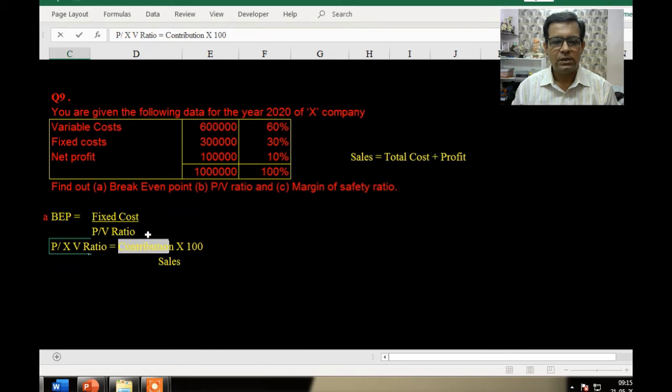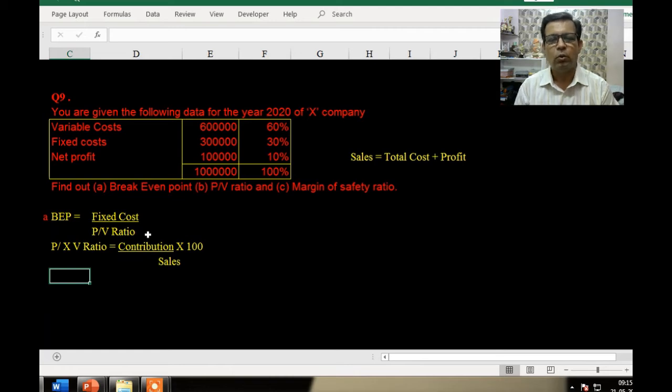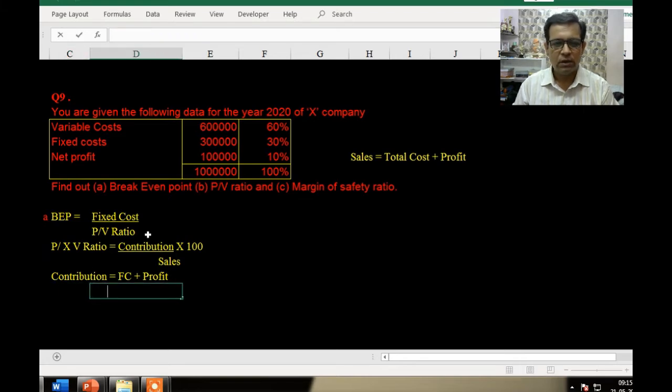All right, so it's done now. Look at the contribution information. Do we have any information on contribution? No, but we know we can calculate contribution. How can we calculate contribution? Fixed cost plus profit. So what's the amount of fixed cost given to us?